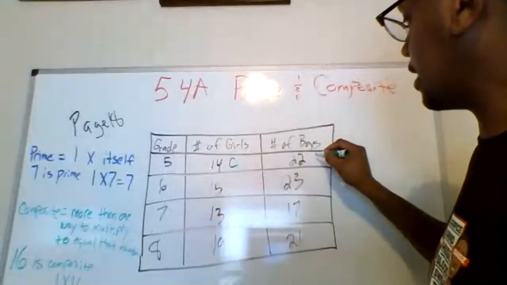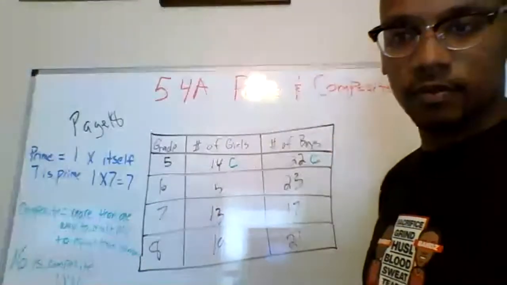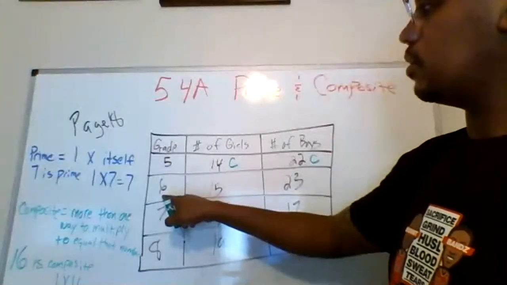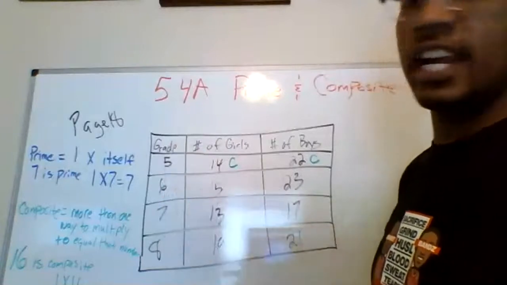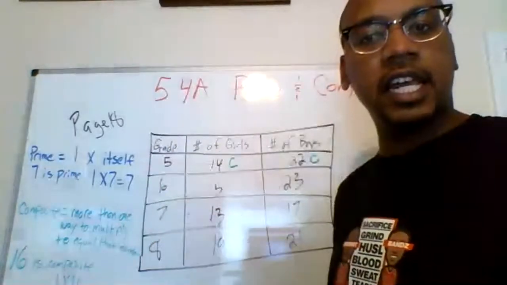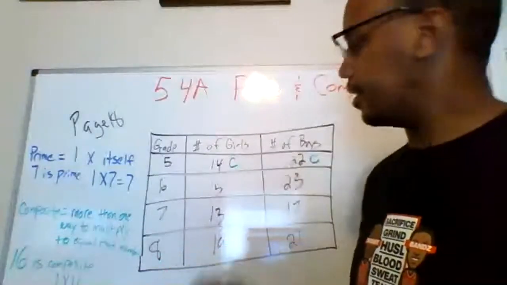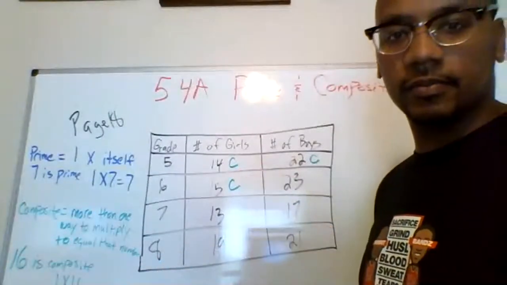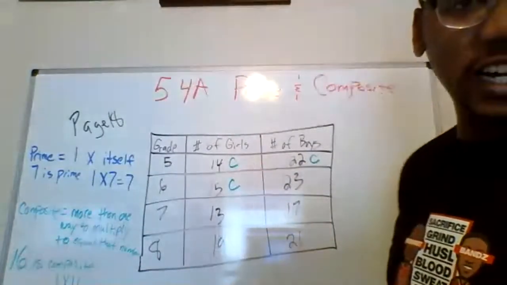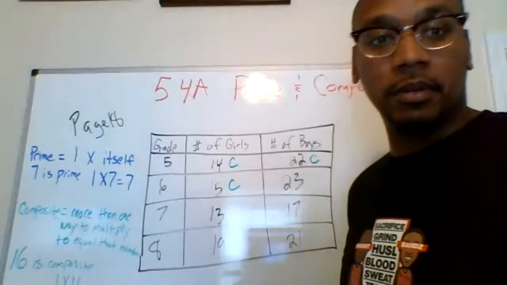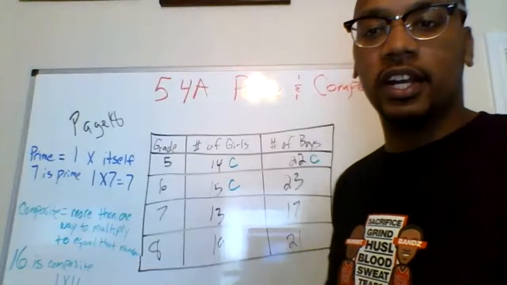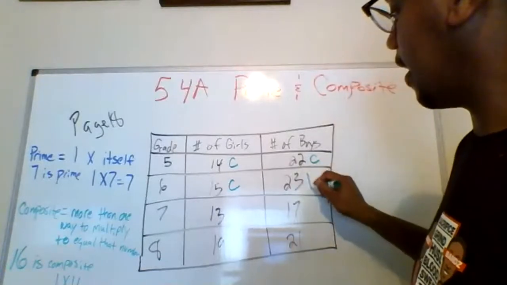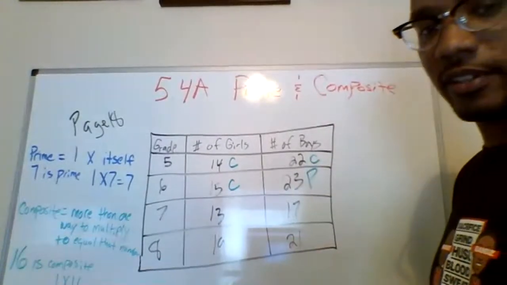So that's composite. Grade 6, 15 is 1 times 15 and 5 times 3. Composite. 23, I told you, is my favorite prime number because you can only multiply 1 times 23. And 23 is Jordan's number. That's my favorite prime number.